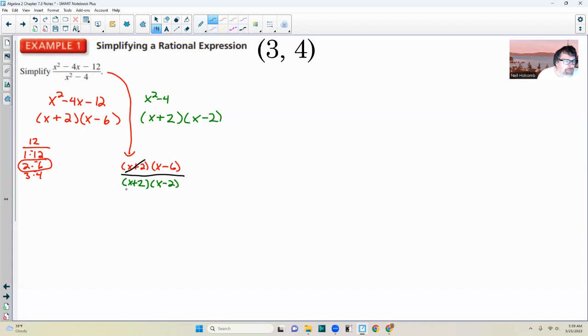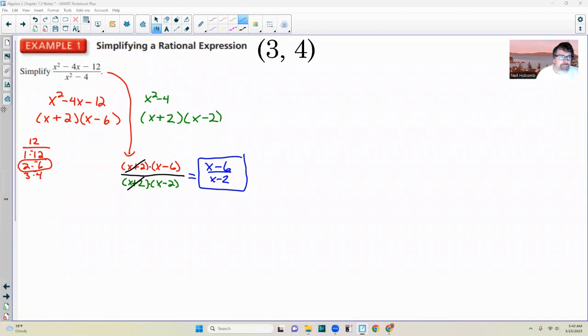The x plus 2 divided by x plus 2, since these are being multiplied, cancel. And my outcome is x minus 6 over x minus 2. So this is the simplified rational expression that came from our original. Okay, so that's how you do these, and now you should be able to do problem numbers 3 and 4 in your exercises.